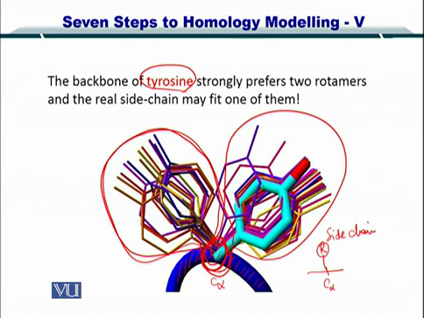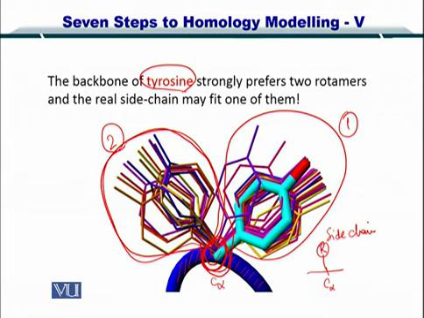Once again, if you have tyrosine in the backbone of a protein structure that you are predicting and you want to attach the side chain, then tyrosine only prefers two positions for the side chain. This is the first one and this is the second one.